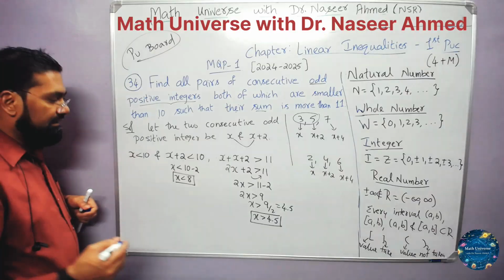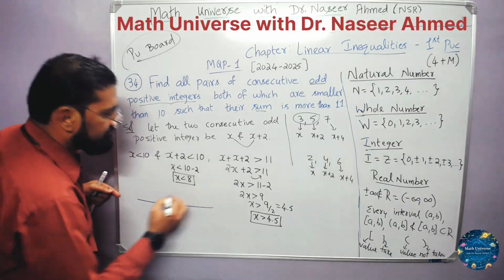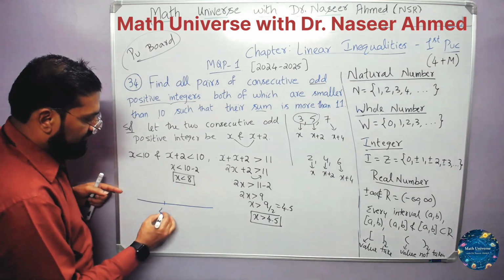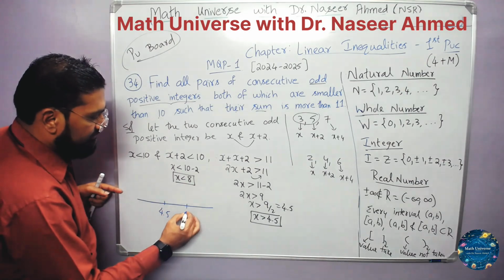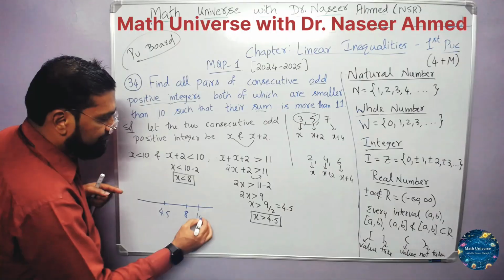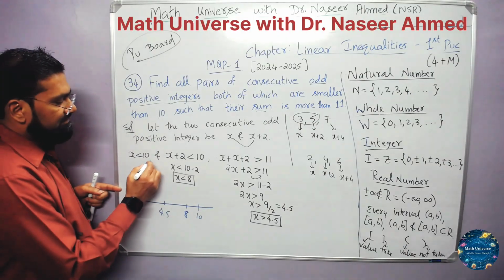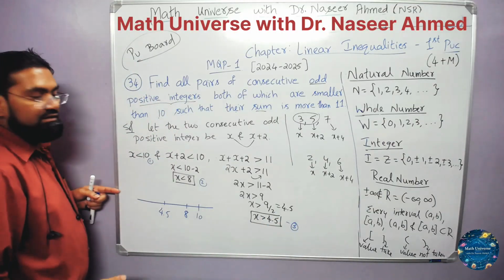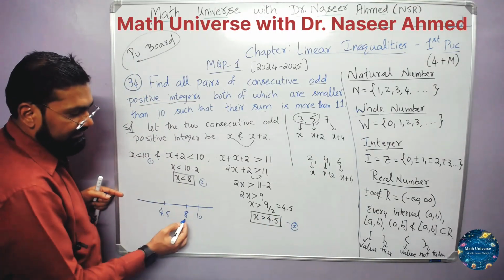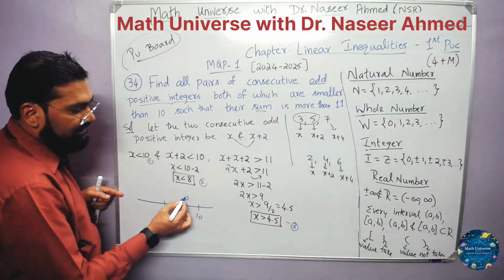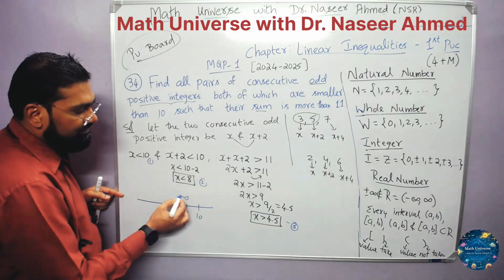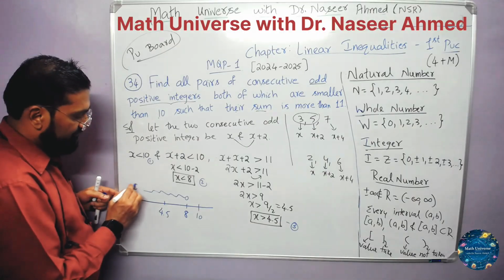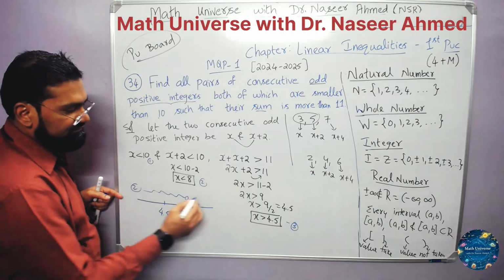Okay. So now see carefully. Let us plot on the number line. Here we have 8, 10 and 4.5. So 4.5 is somewhere here. Then 8 is here. Then 10. This is my first inequality, second inequality, third inequality. This says less than 8. 8 is here, an open ball, since it is strictly less than. Less means left of the number. Here, less than 10, and 10 is here.